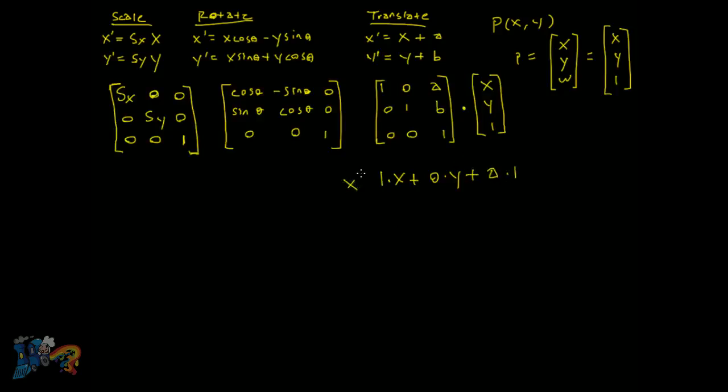So our x prime would be equal to x plus a. And look at that, that's what we wanted. And the y prime would be equal to 0 x's, 1 y, and 1 b. So y plus b. And the w prime would just be 0 x's, 0 y's, and a single 1 times 1. So the w component doesn't get affected. If we choose 1 for it, then it remains the same, which means every time we do it, it's going to be 1 no matter which matrix we multiply it by.